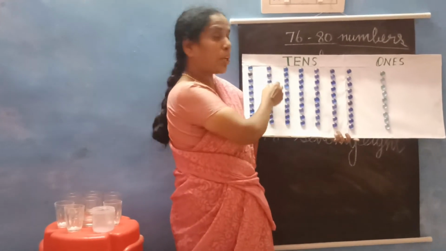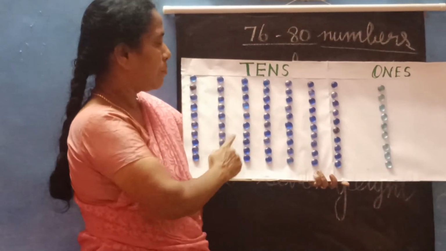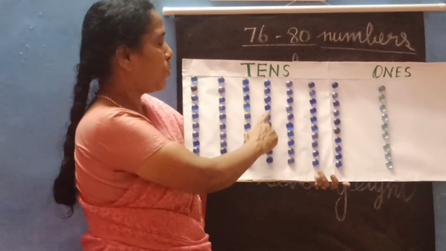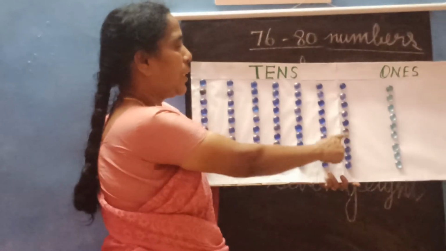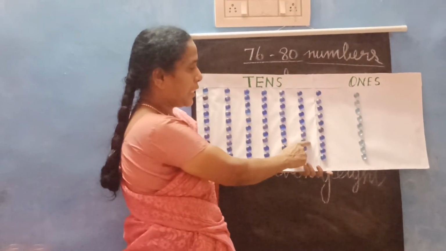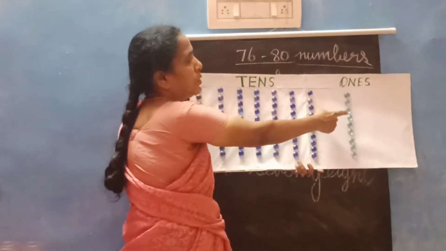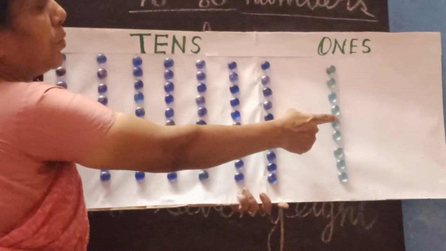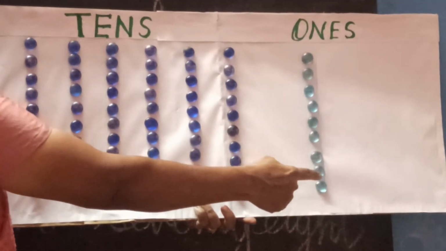In each column 10 marbles are there. 1 ten, 2 tens, 3 tens, 4 tens, 5 tens, 6 tens, 7 tens. How many tens are there? 7 tens. 7 tens, 9 ones. 1, 2, 3, 4, 5, 6, 7, 8, 9.